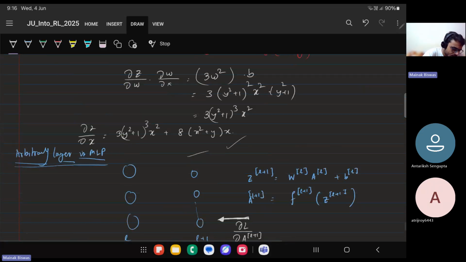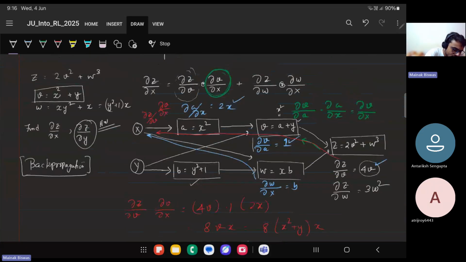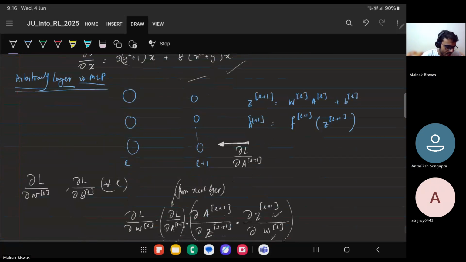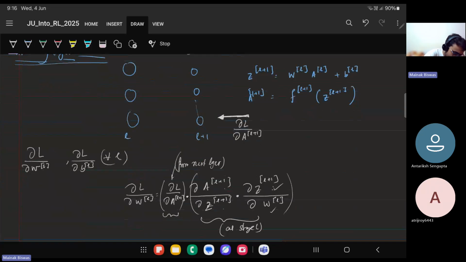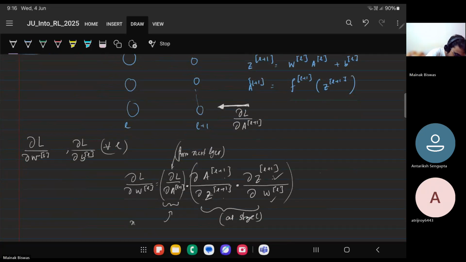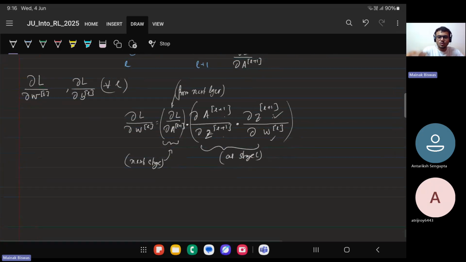That's what we did here. If you clearly follow these algorithms, I did an analogous thing at every step. This is at stage L, and this is from the next stage. This is the beauty: in L steps you can literally go back through the entire neural network and finish it off, instead of doing it for every layer going forward, which would be quadratic or exponential in the number of functions.